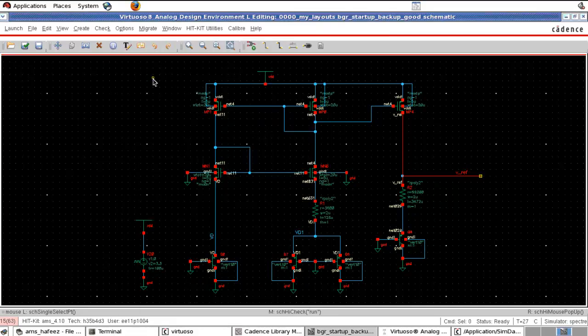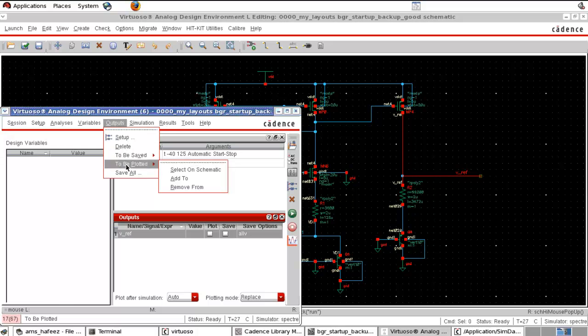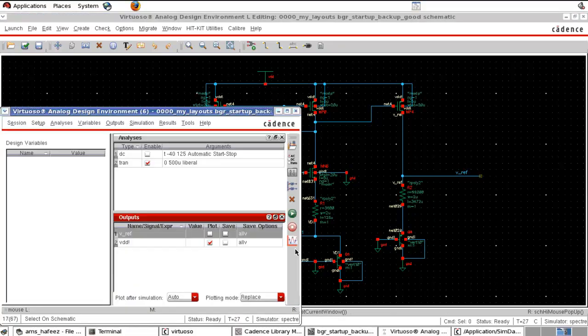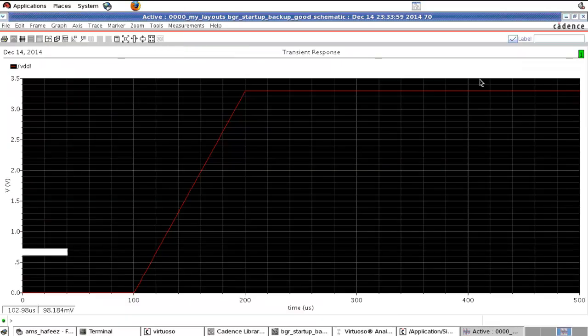Before plotting the reference voltage, let us plot the VDD first, so then you can understand why we give this kind of pulse wave here. So we need to plot the VDD. Let us run the simulation. So this is what we wanted.